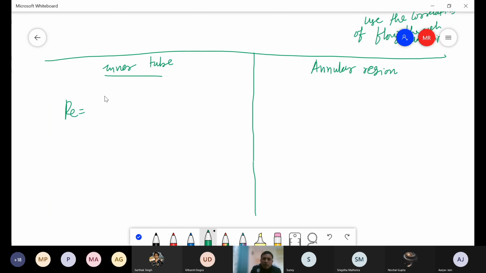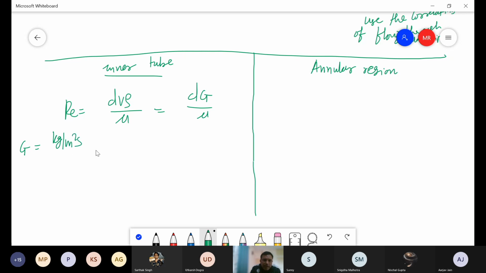So what will be the Reynolds number? d V rho by mu. But V into rho we can represent as a mass flow rate, so that becomes d G by mu, where G will have a unit of kg per meter square second.